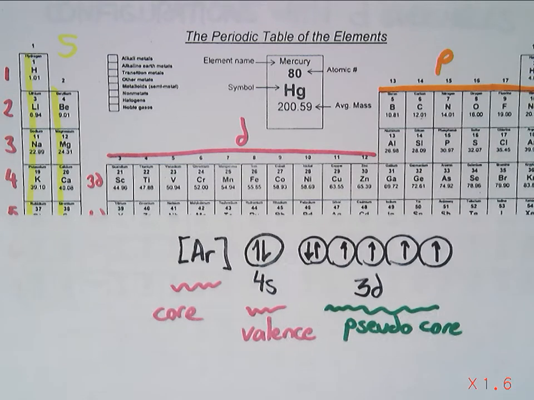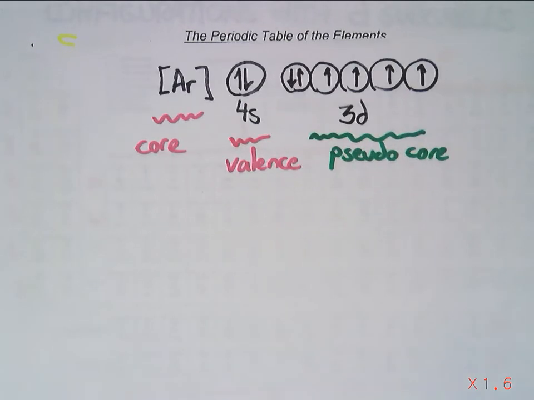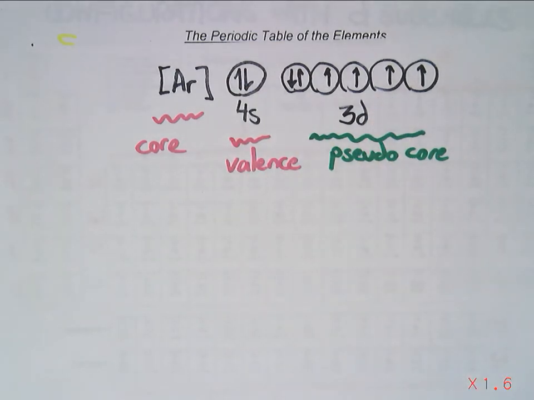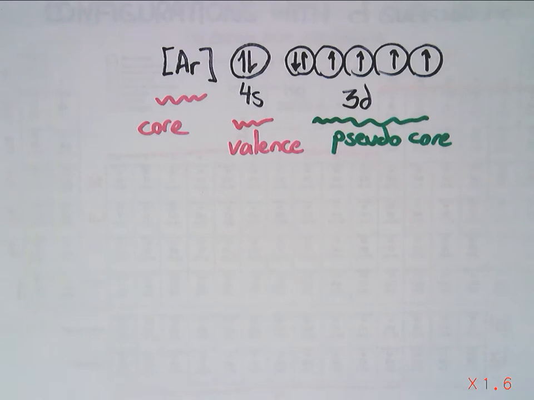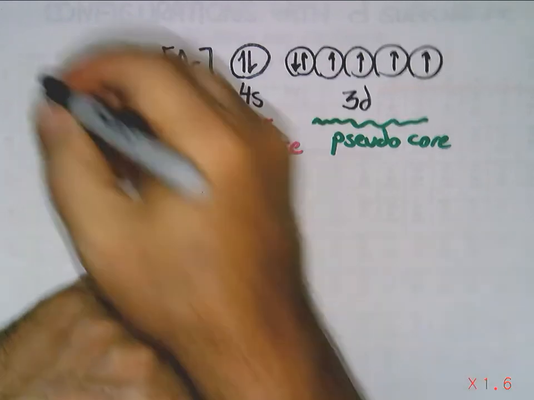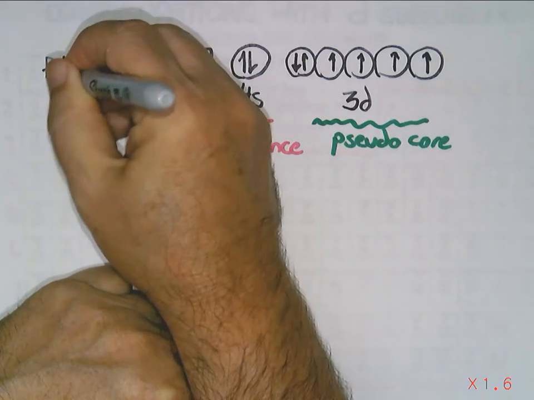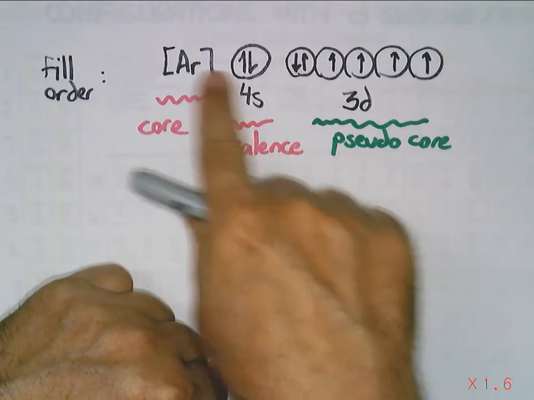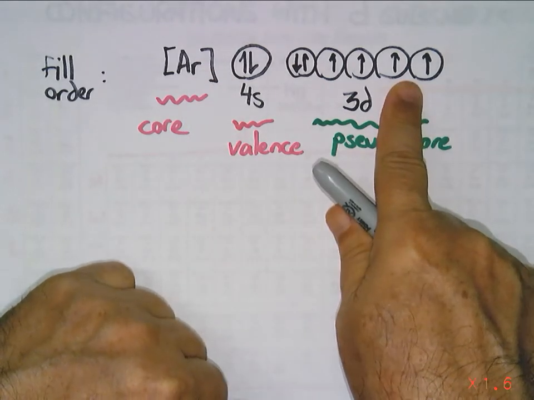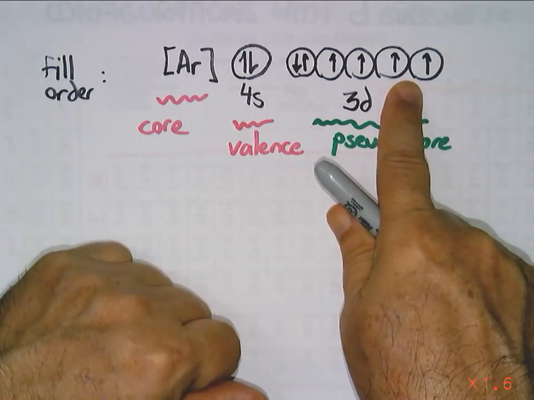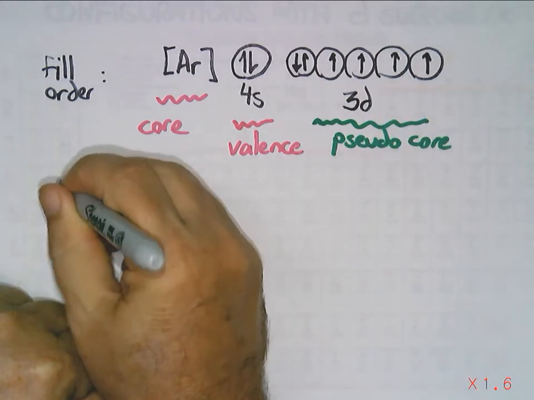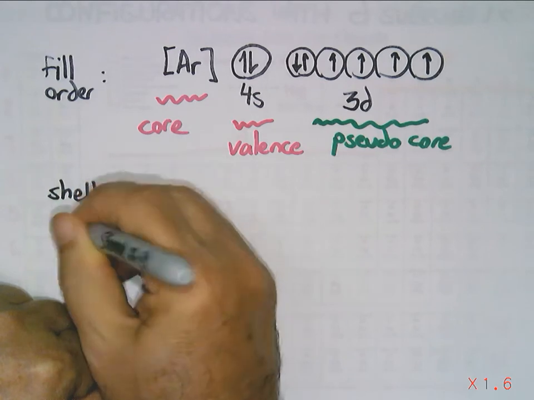And it seems a little bit unnatural to have the valence, which is the outer shell, buried under the pseudocore here. So people do something else. They call this the fill order. And it is perfectly okay for you to write the diagram down this way. This is correct. But people also like to write it down in shell order.